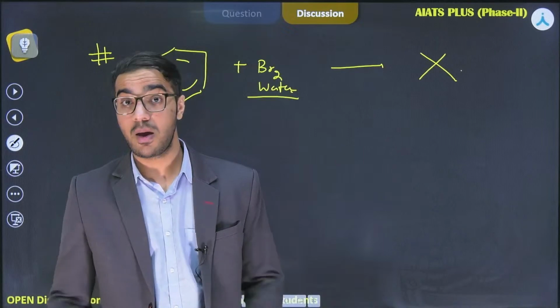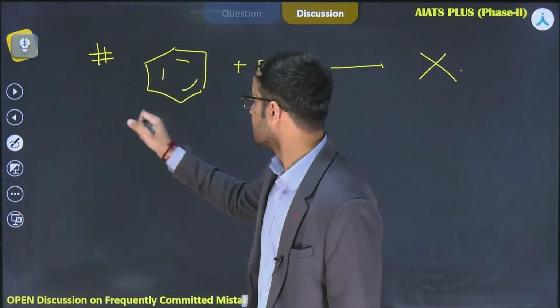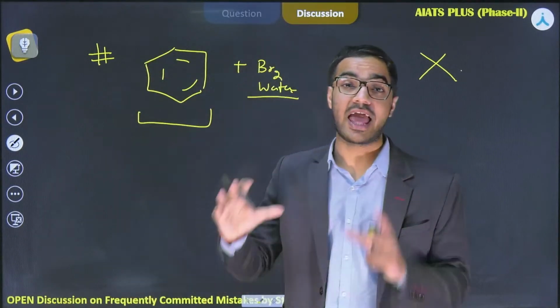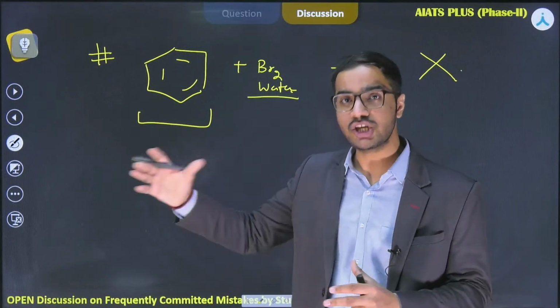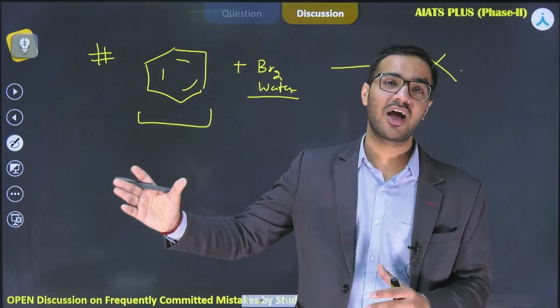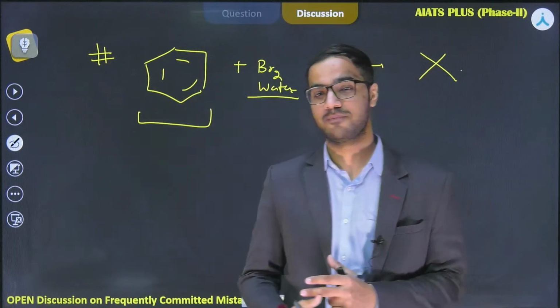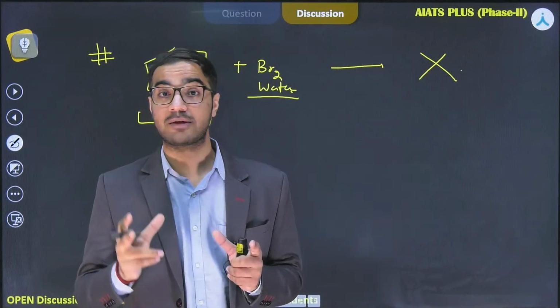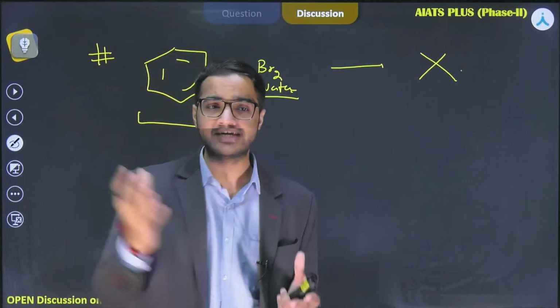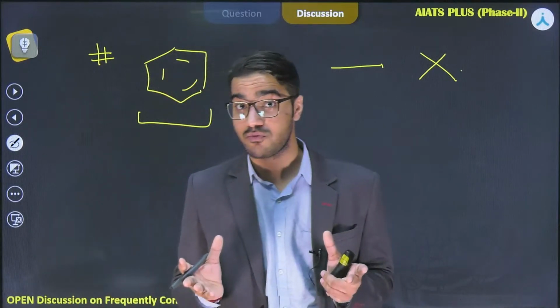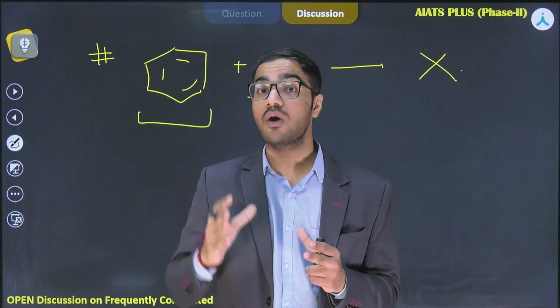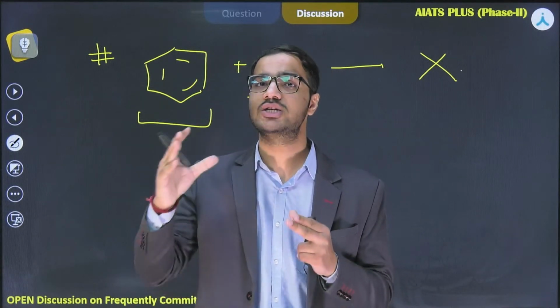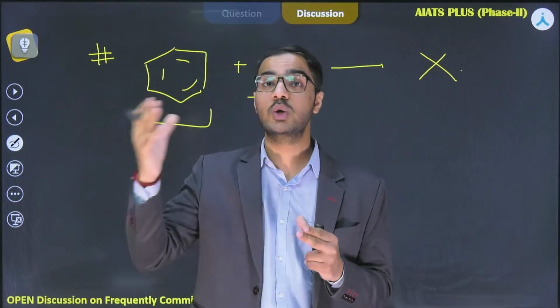And why is it so? Because benzene is an aromatic species, and when you carry out an addition reaction on benzene, the aromaticity is lost. If aromaticity is lost, the compound is moving toward destabilization, and that will never be the case. The compound will always try to gain stability, or reduce its potential energy.